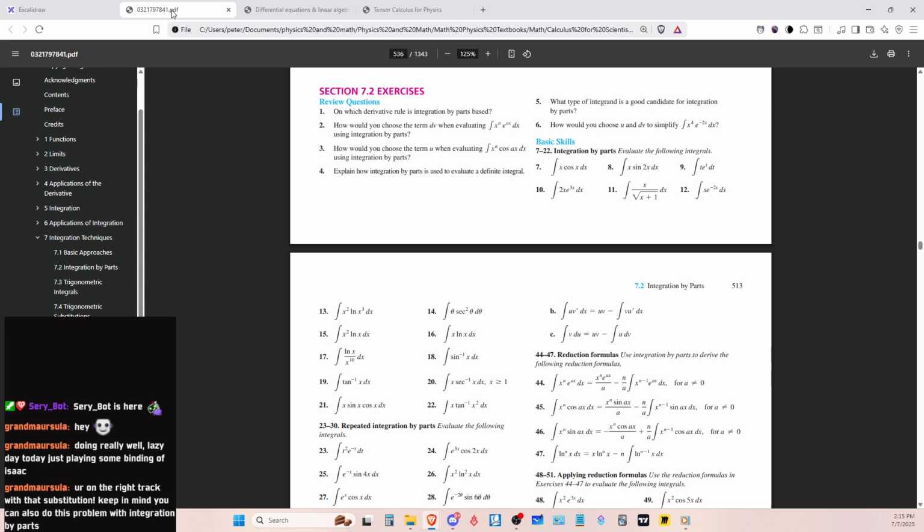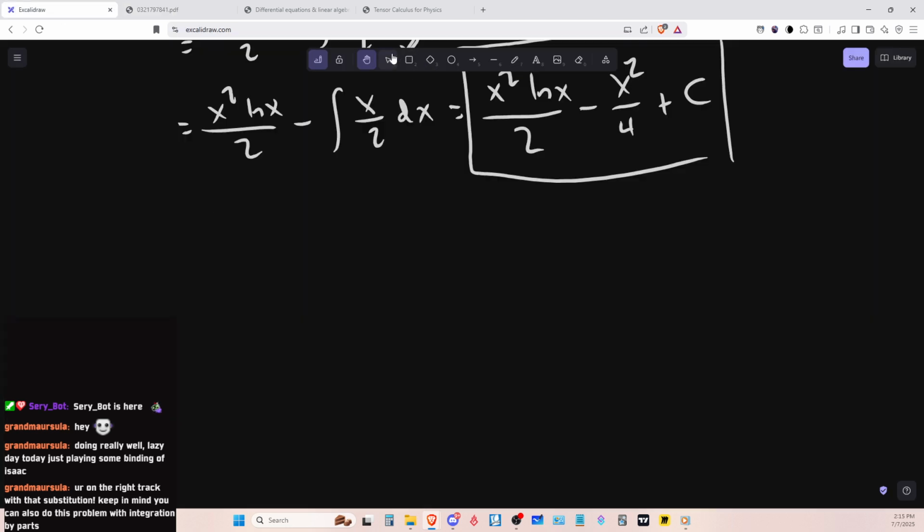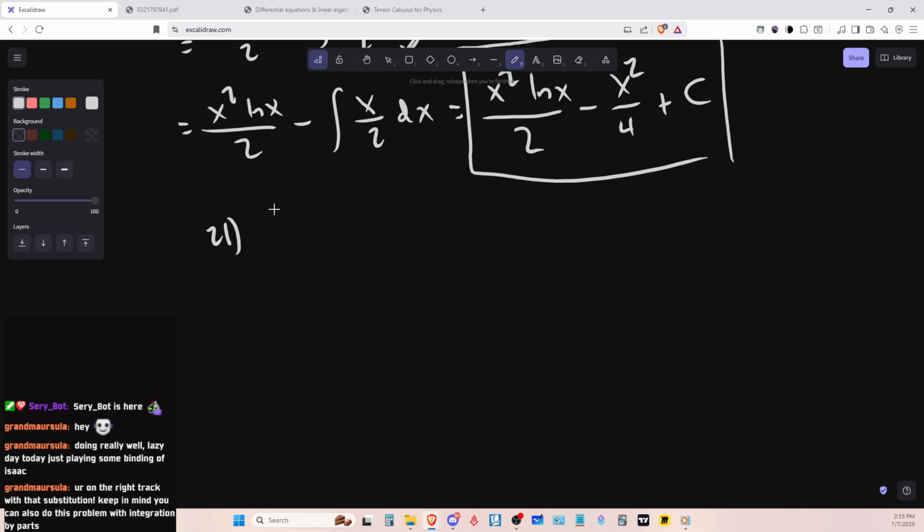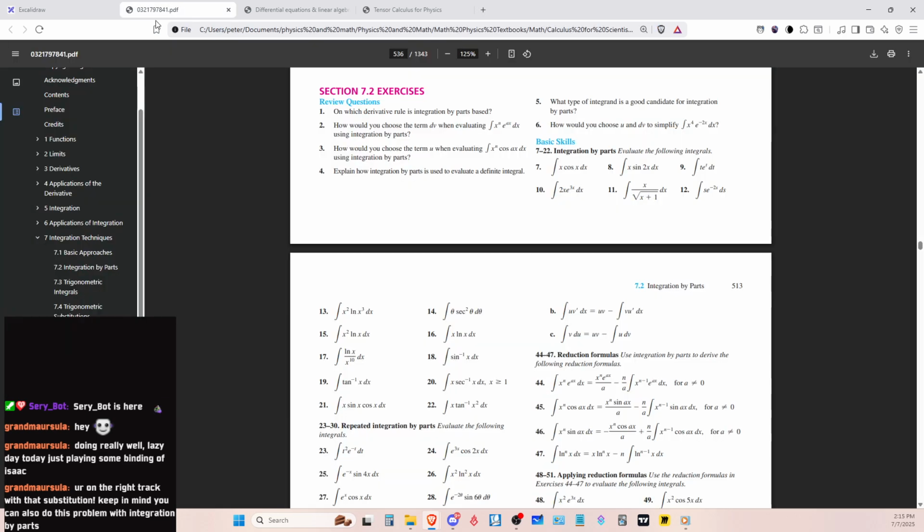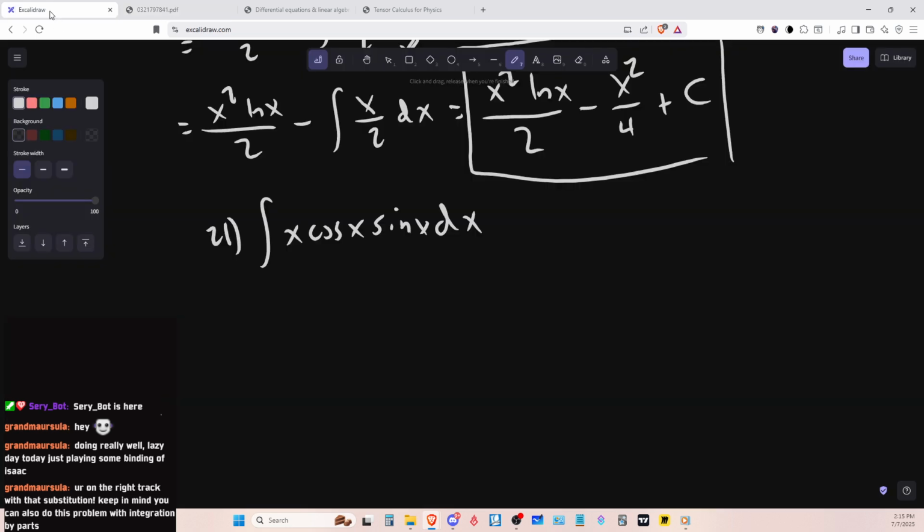Ooh. Here's one with three things in it. Let's try 21. 21 looks really interesting. So I think 21 is x cosine sine, right? Ooh. This is very interesting because it has three things in it.